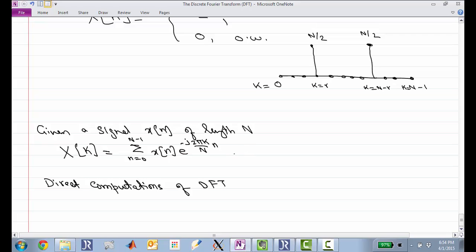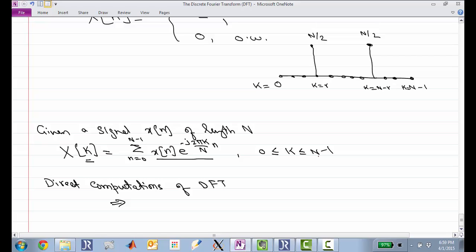To ask how many multiplications you need when computing the DFT, let's first remind ourselves that k goes from 0 to N minus 1, right? So for one value of k, how many multiplications do we need to do? Each value of k involves N terms, and each term is given by multiplication of two numbers.